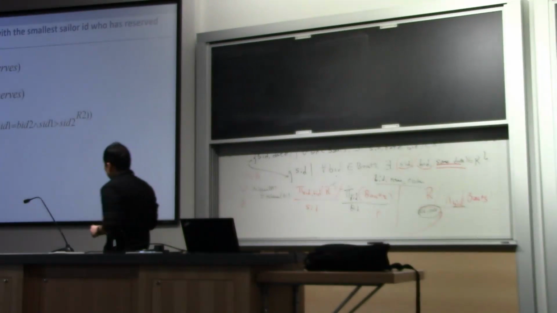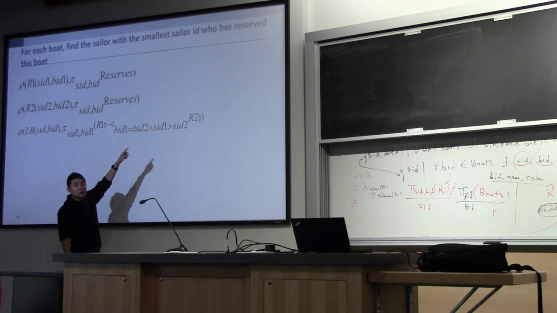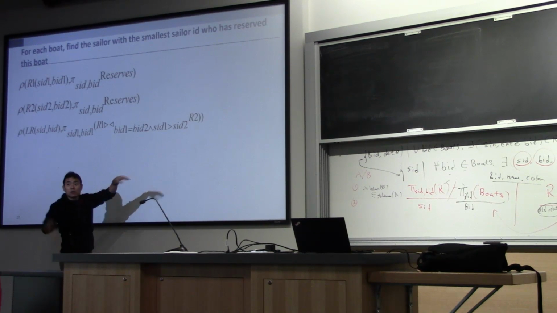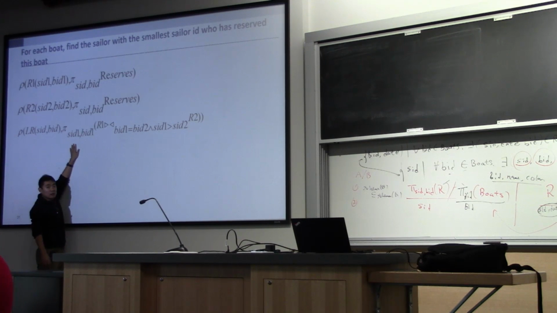I do a condition join between the 2, such that boat ID equal to boat ID, CID 1 greater than CID 2. So for all those sailors who reserve the same boat, I check against them, and I keep the one with the larger CID value, which is CID 1.